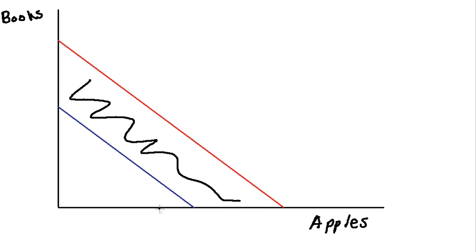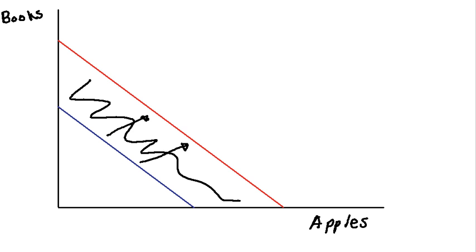But what is going on underneath with the nominal incomes and the relative prices and the absolute prices when we move from the blue budget line to the red budget line?